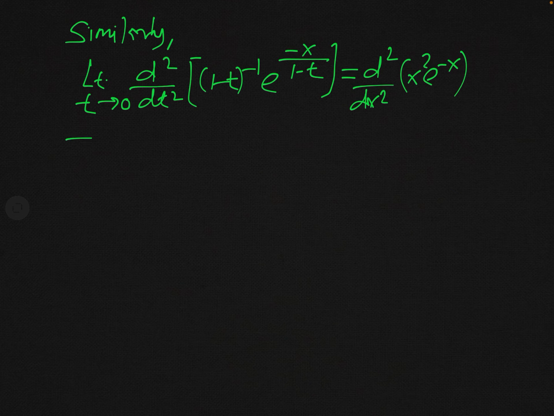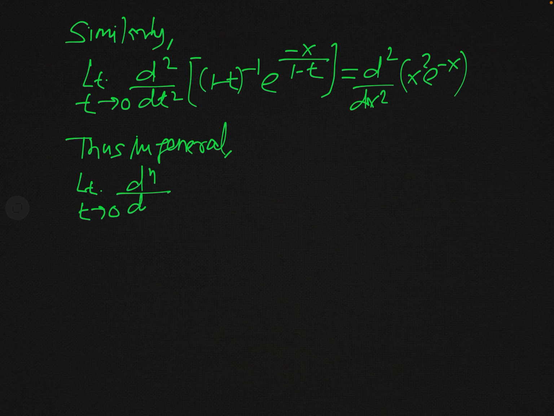So thus in general, we may write the limit as t tends to 0 of dn dtn of (1 minus t) raised to the power minus 1 e raised to the power minus x over 1 minus t.